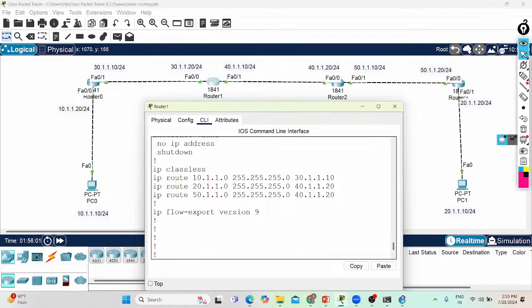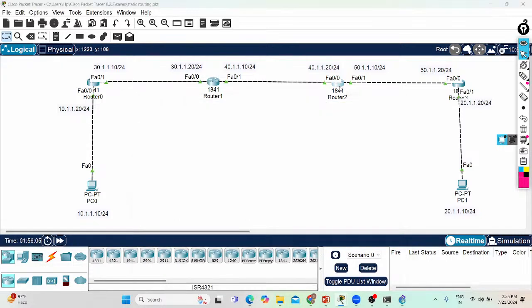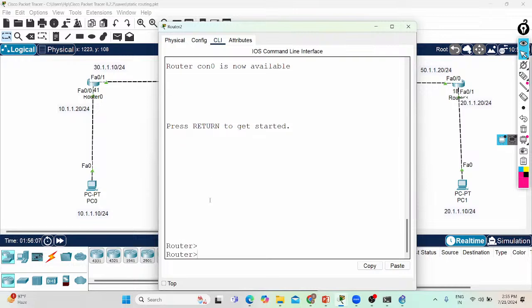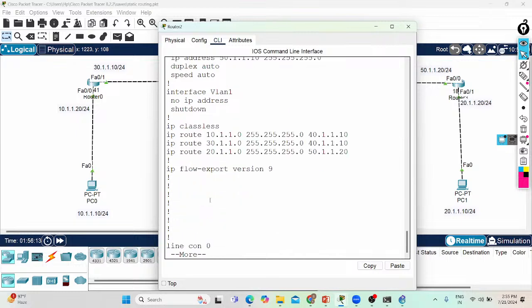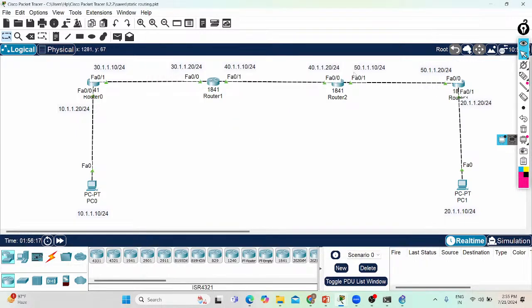See, here I have configured the 10 route, 20 route and 50 route. On this router I have configured 10, 20 and 30. So the routes that are not present in my routing table, I have to add manually.